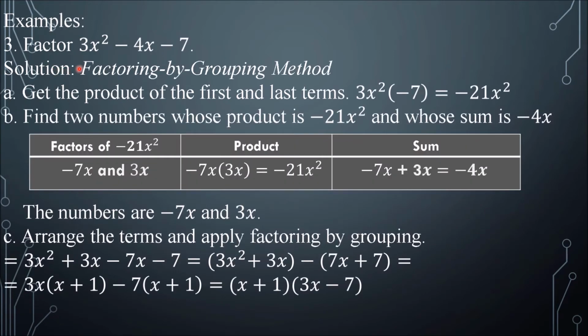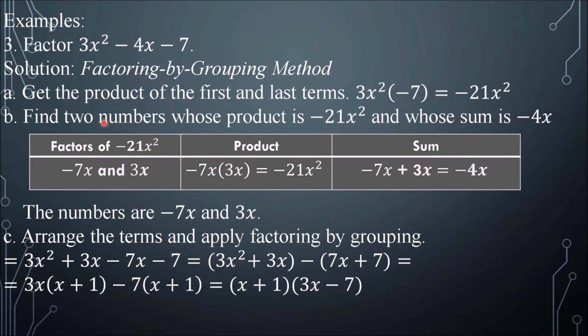Number 3. Factor 3x squared minus 4x minus 7. In this example, a is equal to 3. Now we will use the factoring by grouping method. First, get the product of the first and last terms, 3x squared times negative 7, which is equal to negative 21x squared.